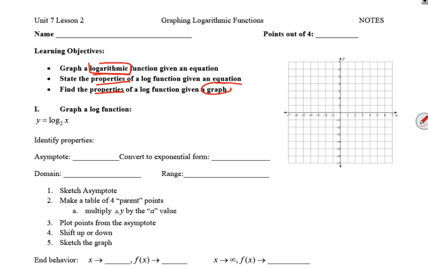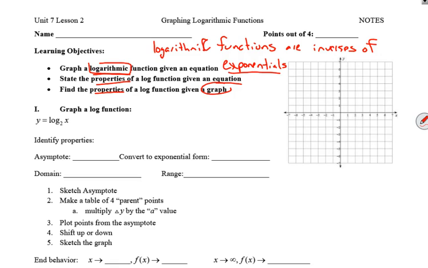All right. So one essential thing about a log function is that a logarithmic function is an inverse of an exponential function.